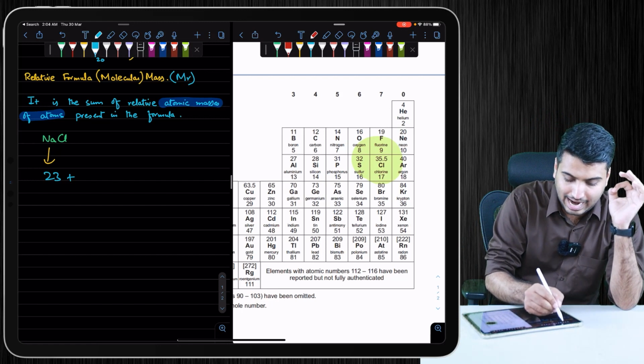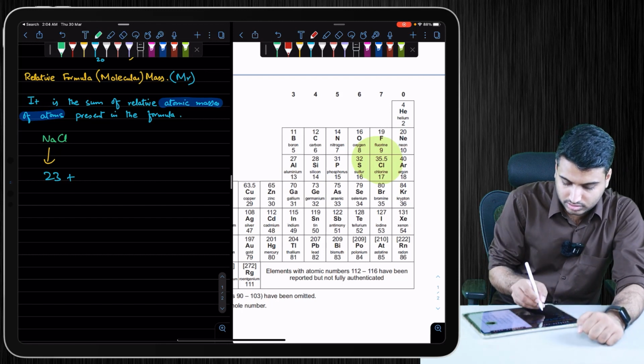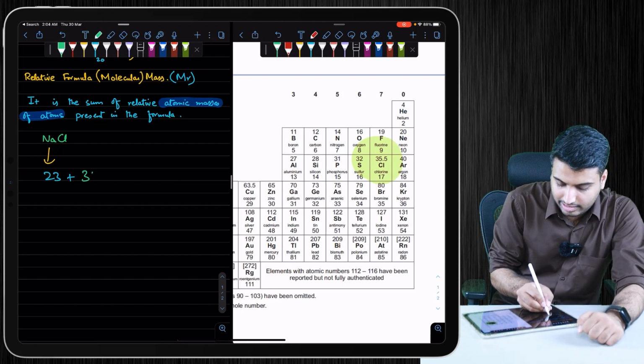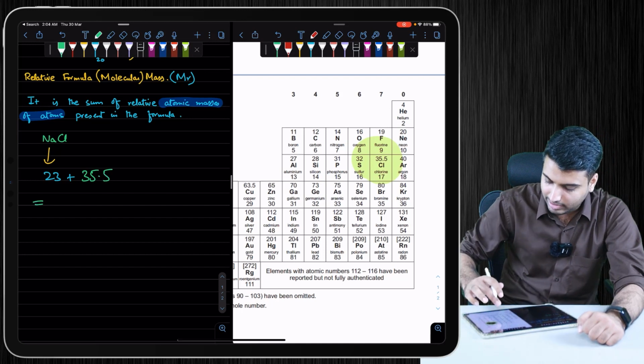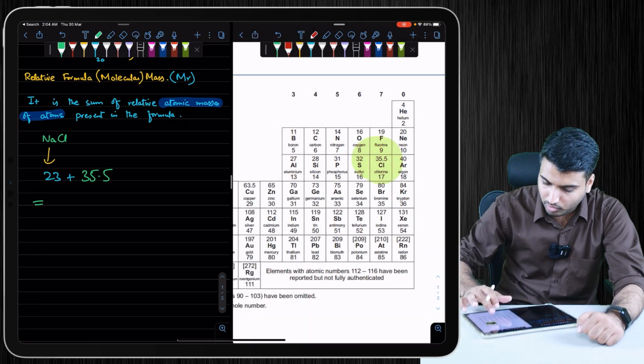So we simply add up the atomic masses to calculate the relative formula mass. 23 plus 35.5 gives us the relative molecular mass.